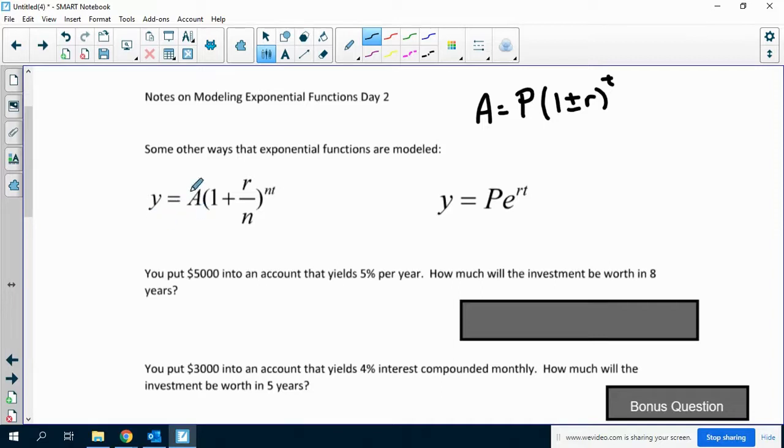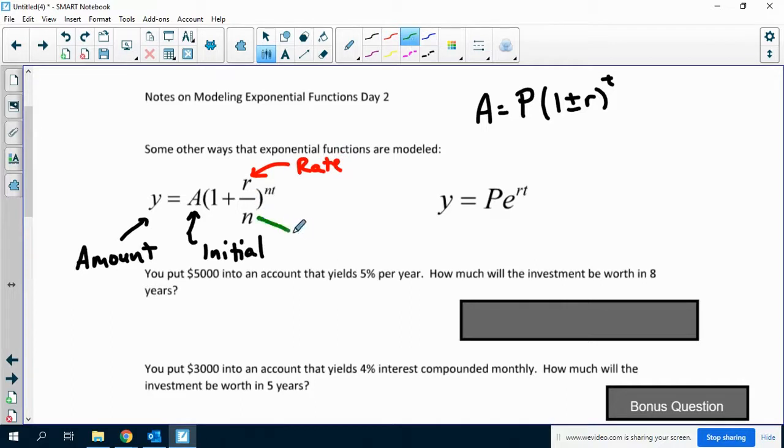If A was the total amount and P is the principal, that would be fine. Remember, the letter that a variable represents is not that big of a deal. But in this case, Y is the amount of money you have. A represents the initial amount. R, once again, represents the rate.